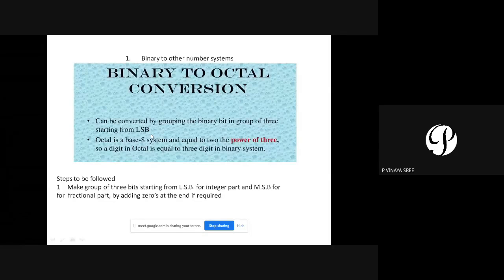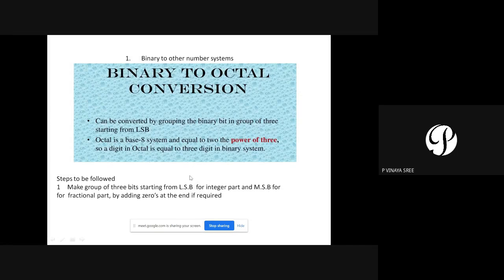Now everyone knows what LSB and MSB are, right? LSB is the least significant bit. MSB is the most significant bit. The weight will be high for the MSB and low for the LSB.